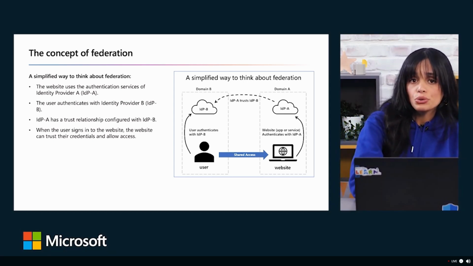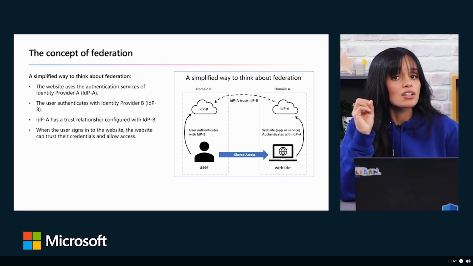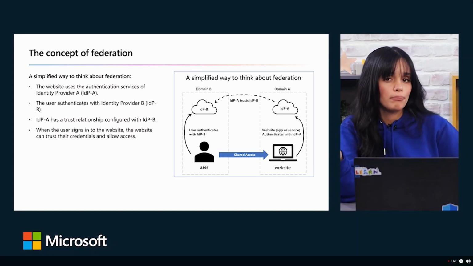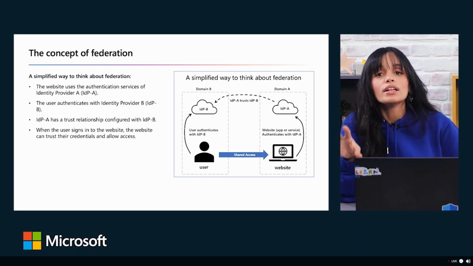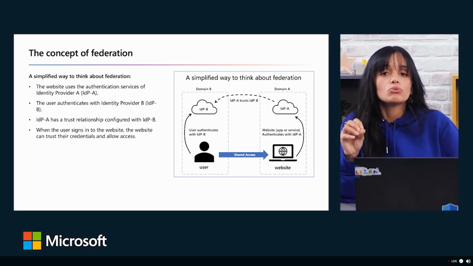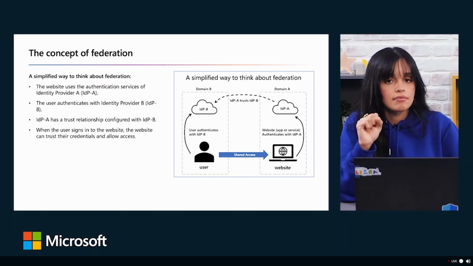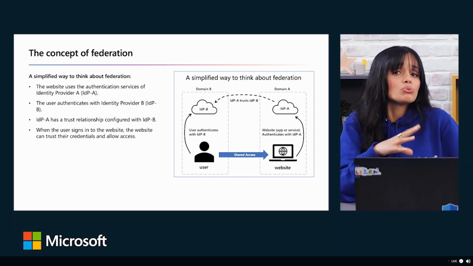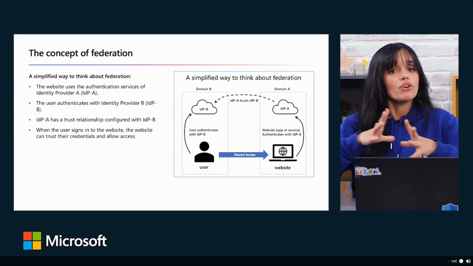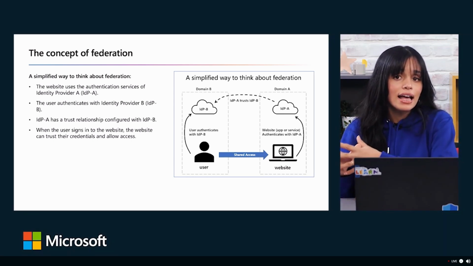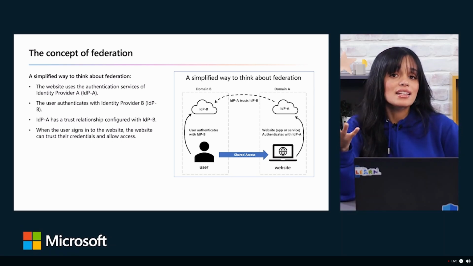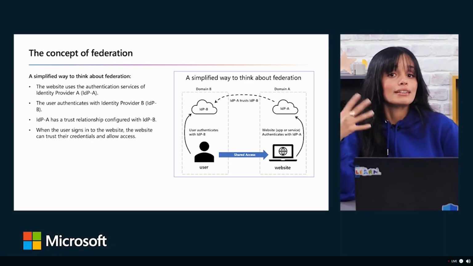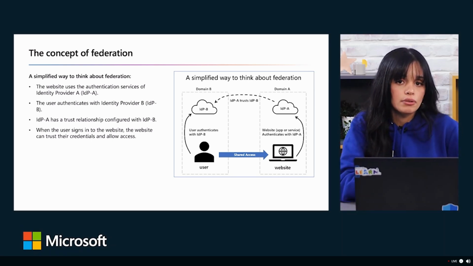Now let's assume that identity provider B is contoso.com. My identity provider A will know where identity provider B exists. So it's going to forward this information back and bounce it through the user to identify itself with provider B to ensure that it can authenticate the user.